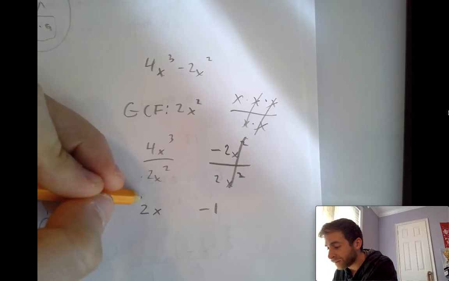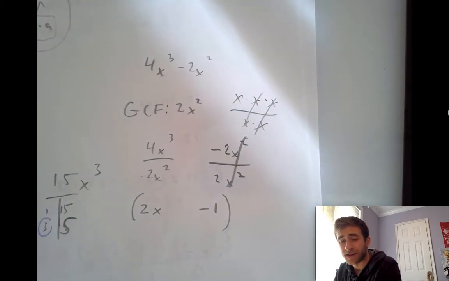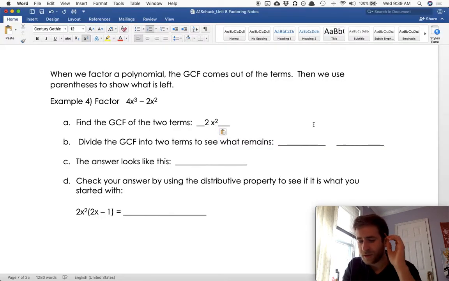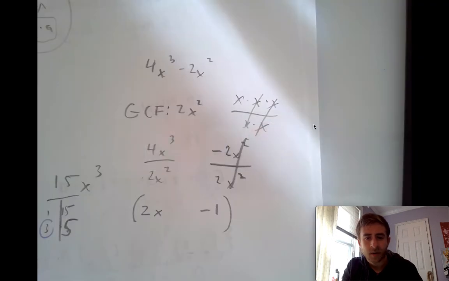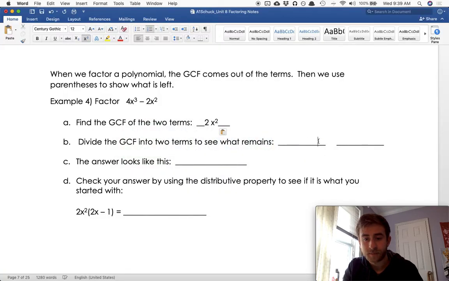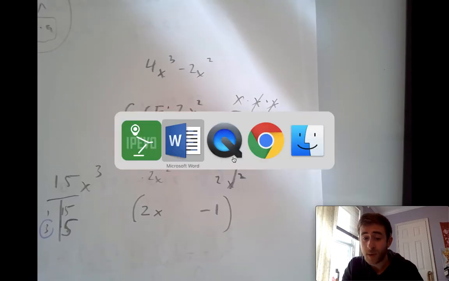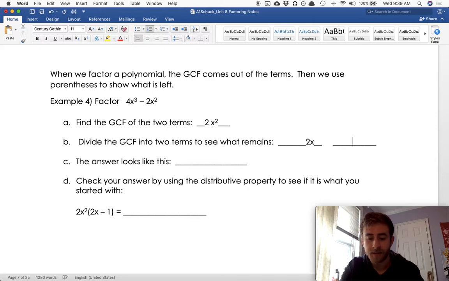And here we have the bit inside of the parentheses, the two parts. So let's come back over here. When I divided out the greatest common factor from the 4x cubed, I ended up with 2x. And when I divided out the GCF from the negative 2x squared, I just ended up with a negative 1. And here's what the final answer looks like.